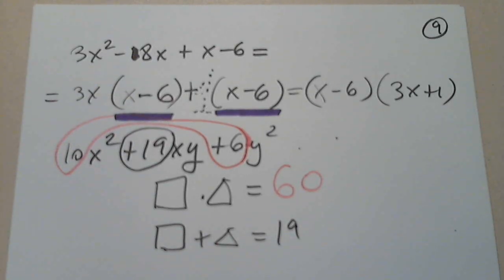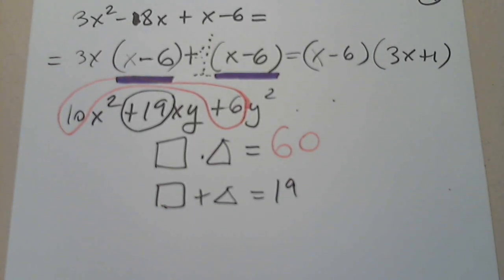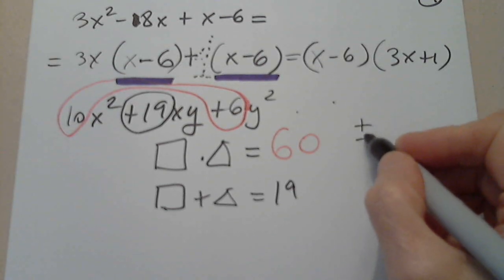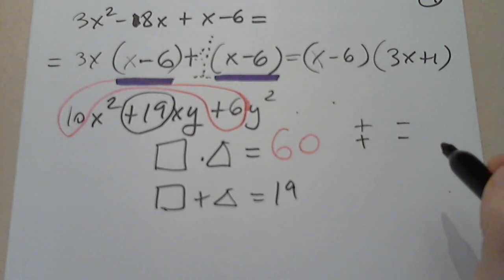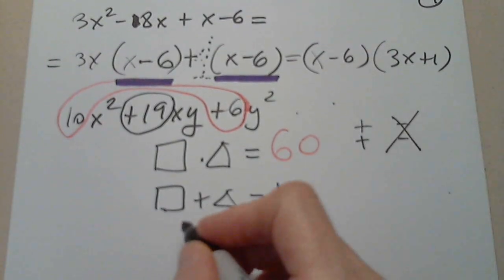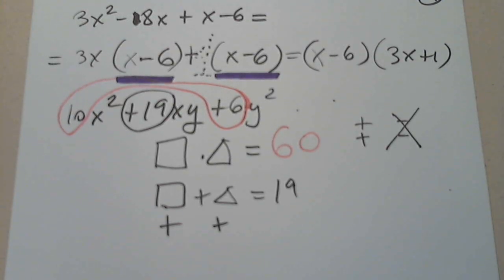Since the product is a positive number, that's the next step in the thinking process. Since the product is a positive number, both have to be either positive or both negative numbers. But their sum is positive, so they cannot be negative. So I'm looking for 2 positive numbers whose product is 60 and whose sum is 19.